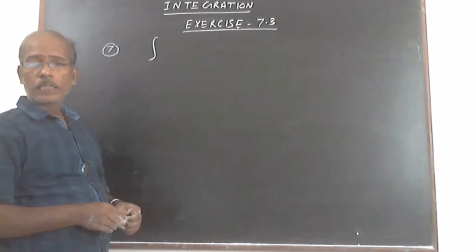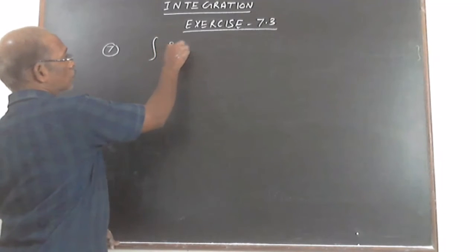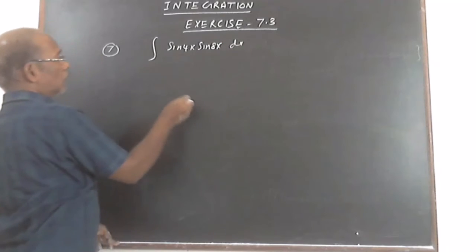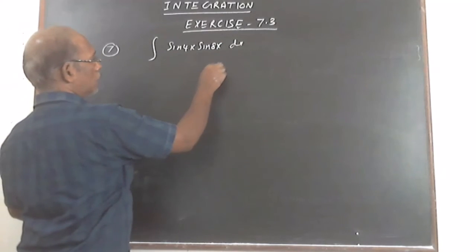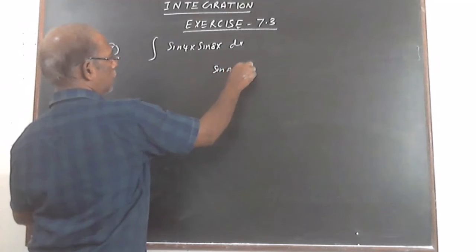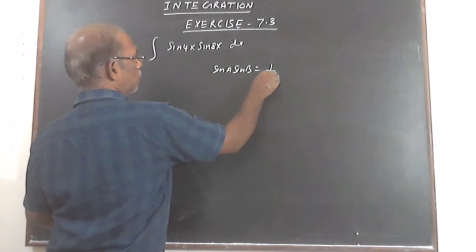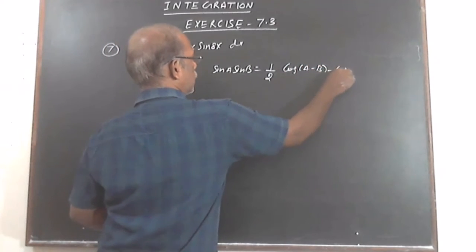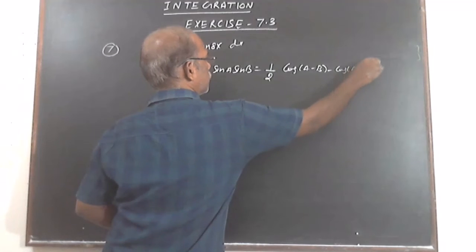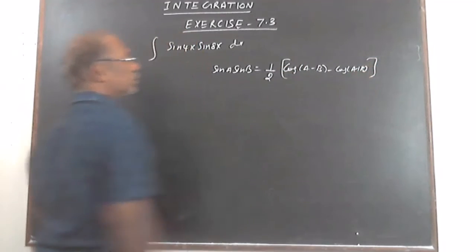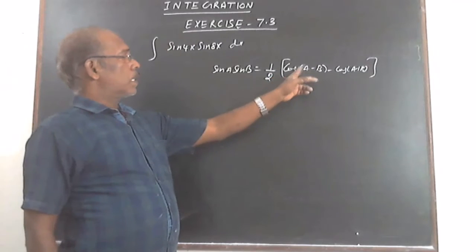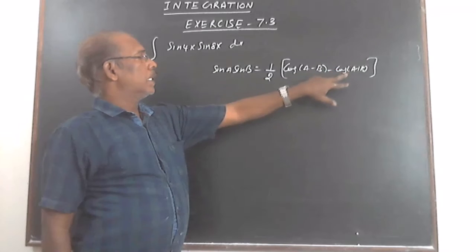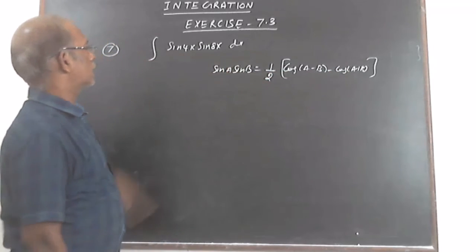Integrate sin 4x sin 8x. You must know the formula. Sin A sin B is 1 by 2, cos of A minus B minus cos of A plus B. Here the expansion of cos of A minus B is cos A cos B plus sin A sin B, and cos A plus B is cos A cos B minus sin A sin B. And subtract, we can get it.